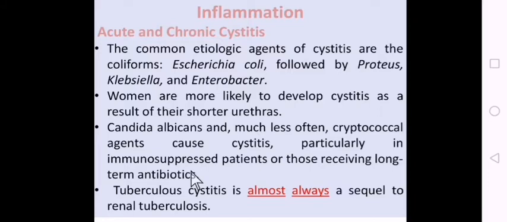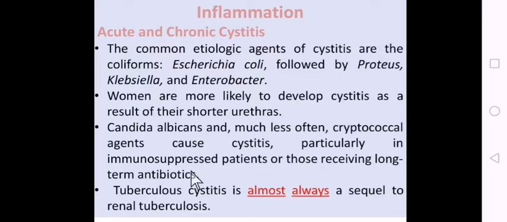Candida albicans and Cryptococcus can also cause cystitis, but it usually occurs in immunosuppressed individuals, like those with diabetes or taking long-term antibiotics, عندهم HIV، ياخذون steroid، المهم عندهم suppressed immunity.